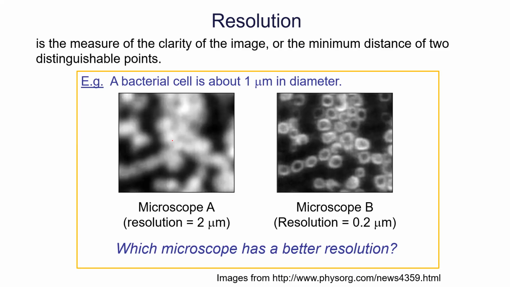Whereas on the left, even though I have the same magnification, I can't necessarily distinguish the individual cells. So you can see on the right, we're talking about the resolution being 0.2 micrometers. A smaller number means we can see smaller objects with more clarity. Whereas the one on the left is 2 micrometers, which is not enough to make out those individual bacteria.